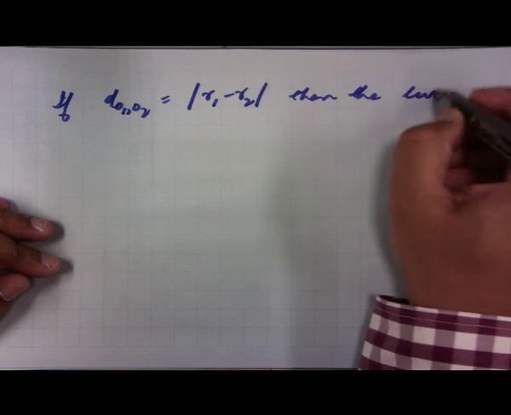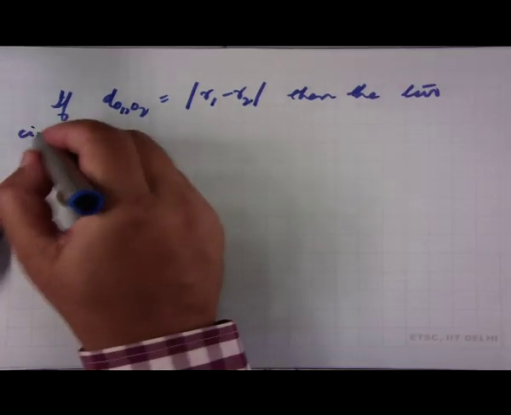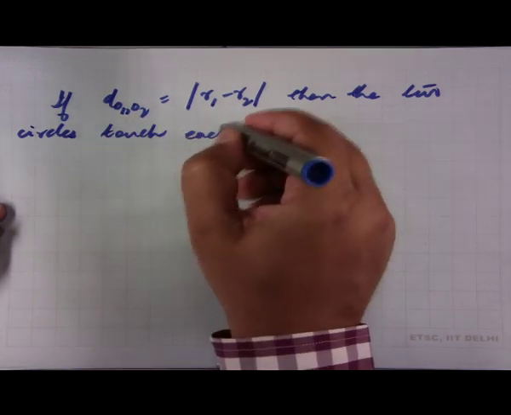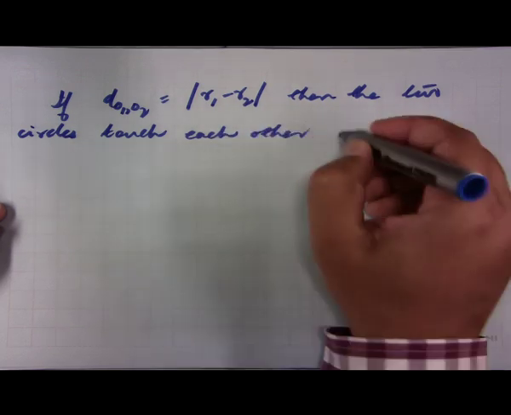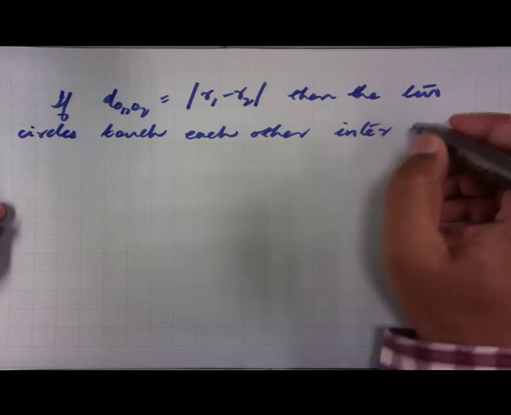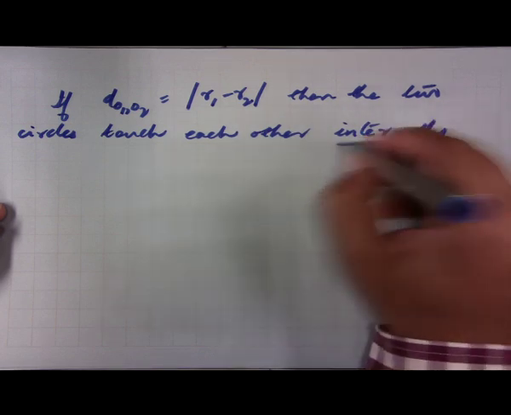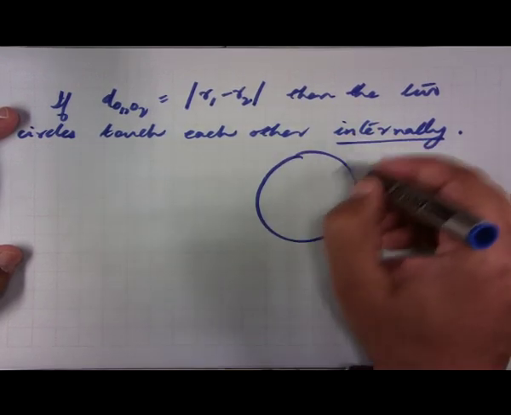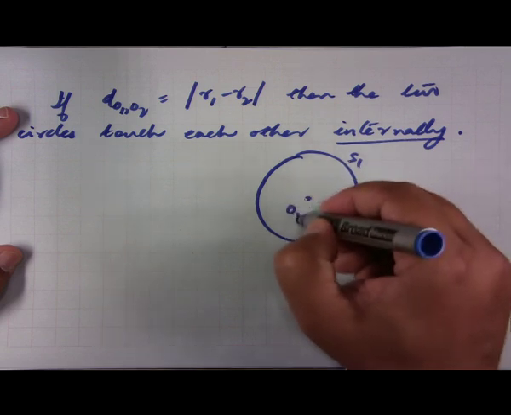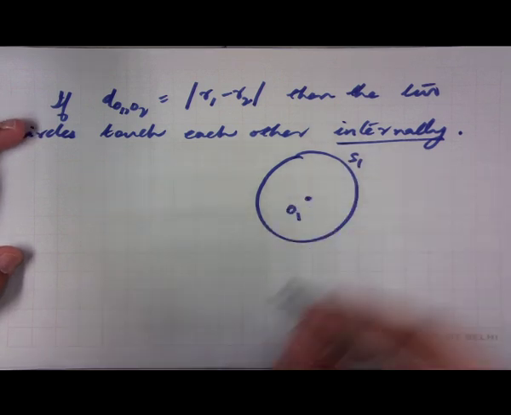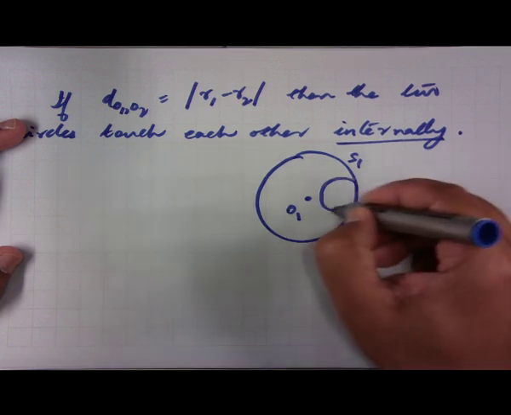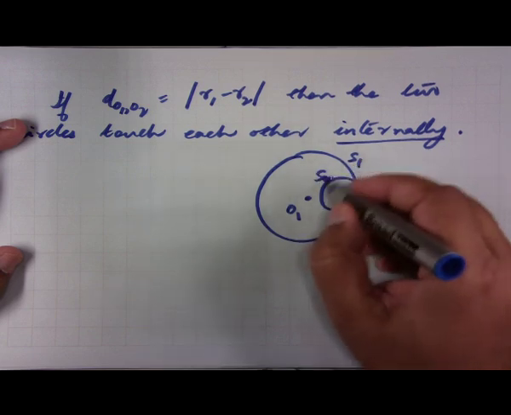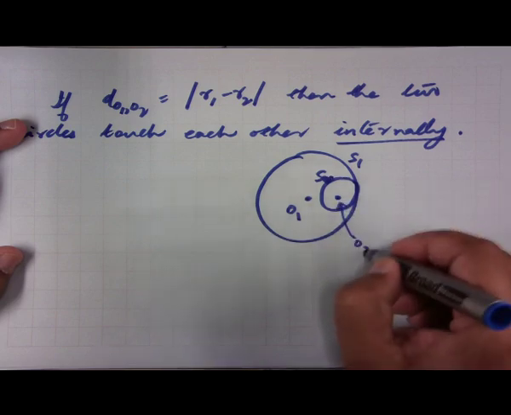then the two circles touch each other internally. What we mean by this is, this could be the first circle S1 with center at O1, and then we could have the other circle S2 with center O2.